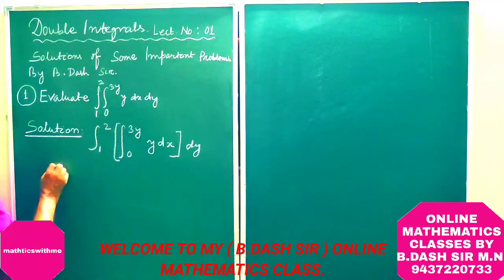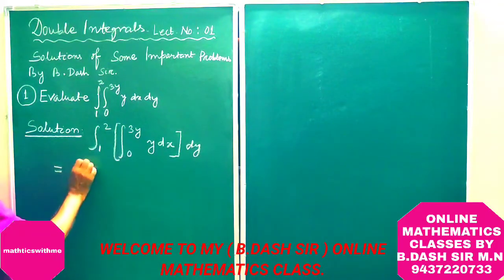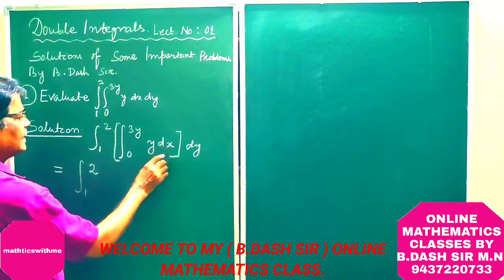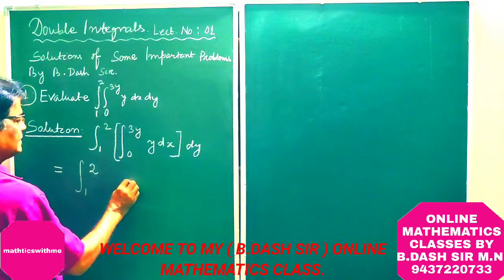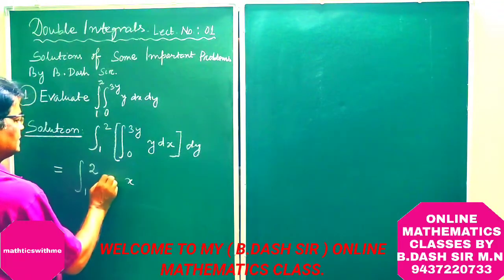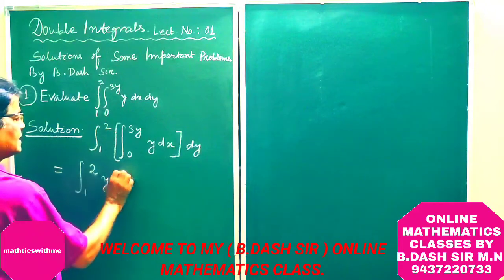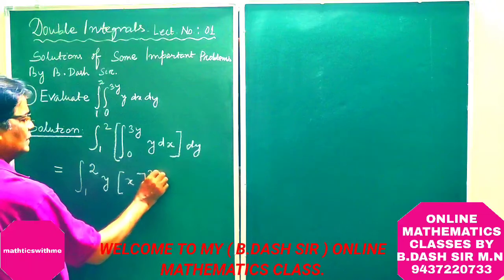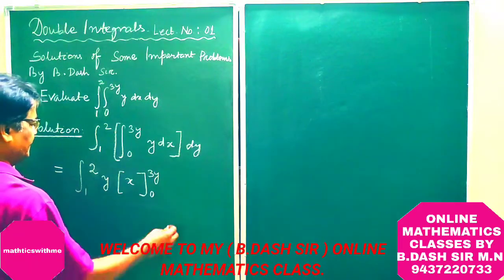So this is equal to integration 1 to 2. Now, integration of dx is x, y is constant here, and the limit is from 0 to 3y, dy.